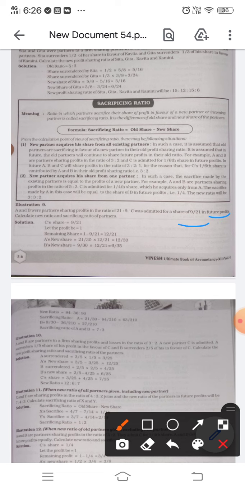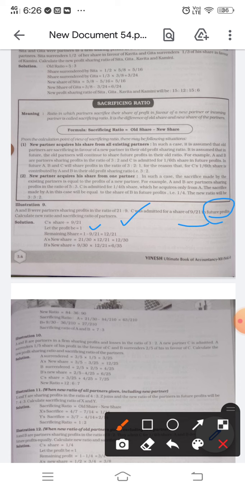In future profit means we have to assume the profit as 1 because we don't know the amount of future profit. So only we are assuming the future profit as 1. Okay. So calculate the new ratio and sacrificing ratio of the partners.